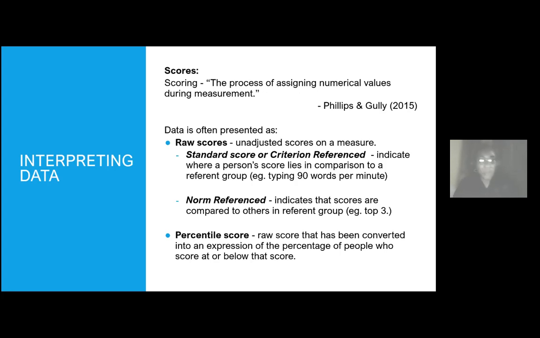So the norm reference measure indicates the scores are compared to others in the reference group. Example, your top 3. And also data is represented as percentile scores. And these are just the raw scores that have been converted into an expression of the percentage of people who score at or below that score.